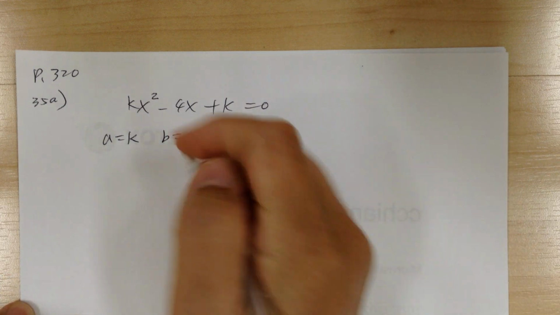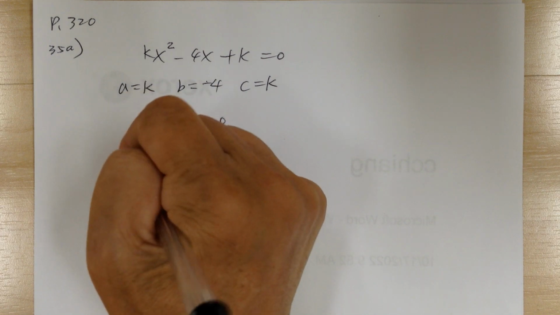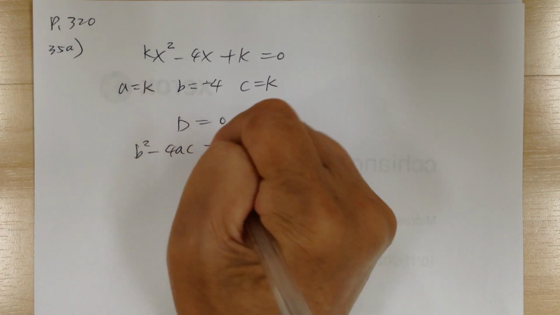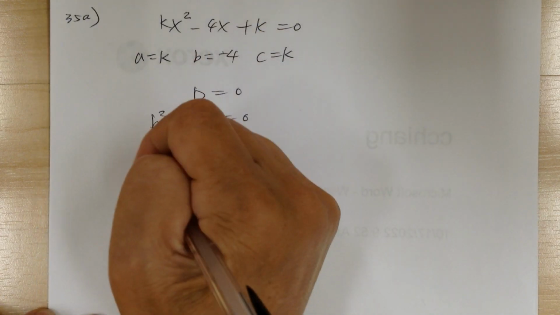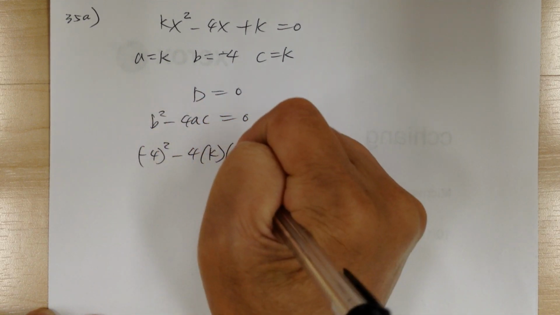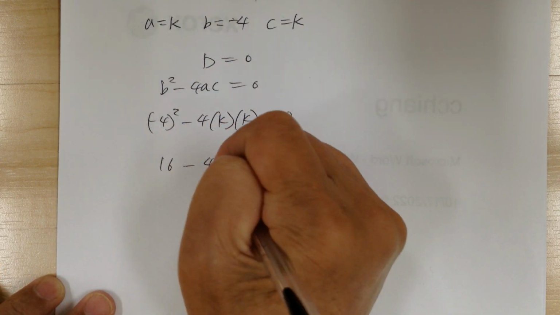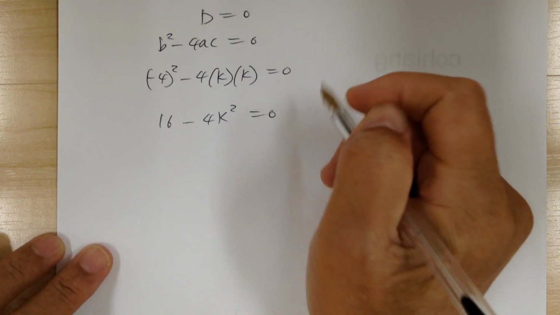And so for a double root, D equal to 0. Then substitute. So you got b squared minus 4ac equal to 0. Substitute, so you got negative 4 squared minus 4 k squared equal to 0. Work it out, so you got 16 minus 4k squared equal to 0.